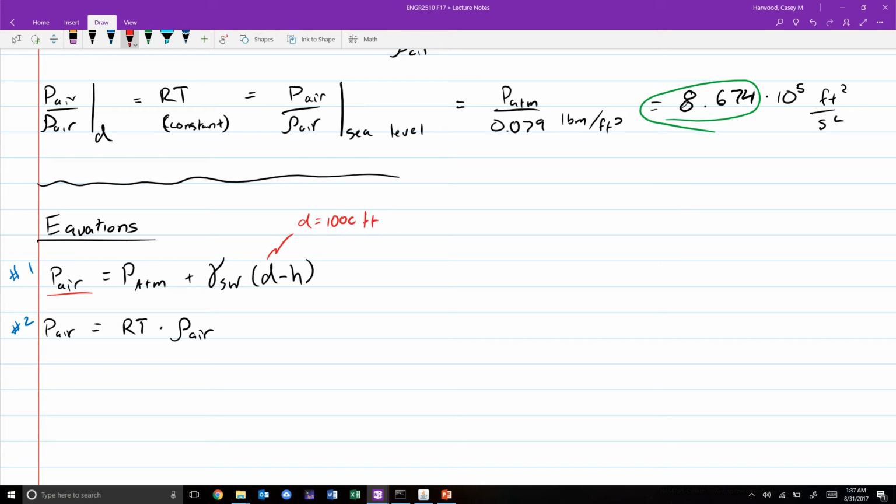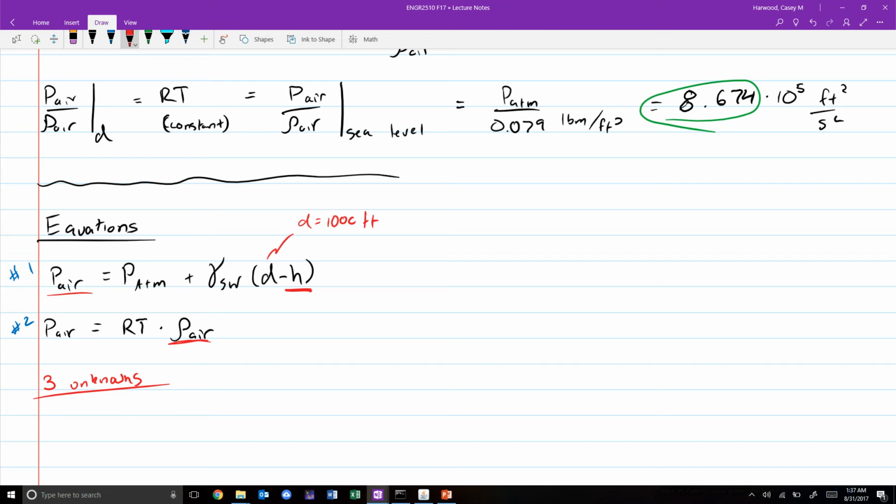So that is also known. We don't know H. We know RT from up here, but we don't know the density of the air at the depth of D equals 1,000 feet. So, unfortunately, we have 3 unknowns, meaning that if we want to solve for them, we need one more equation.